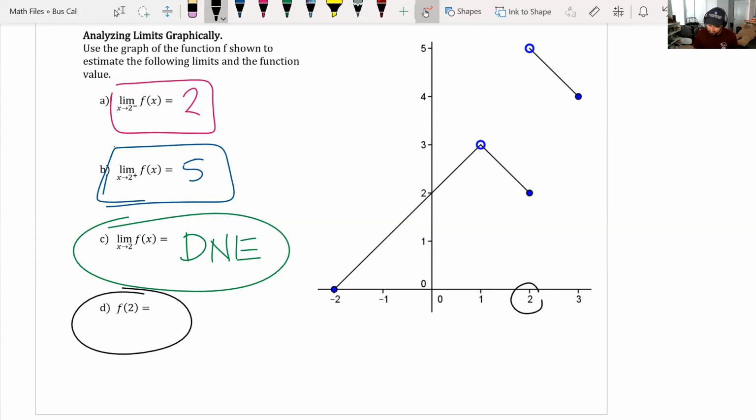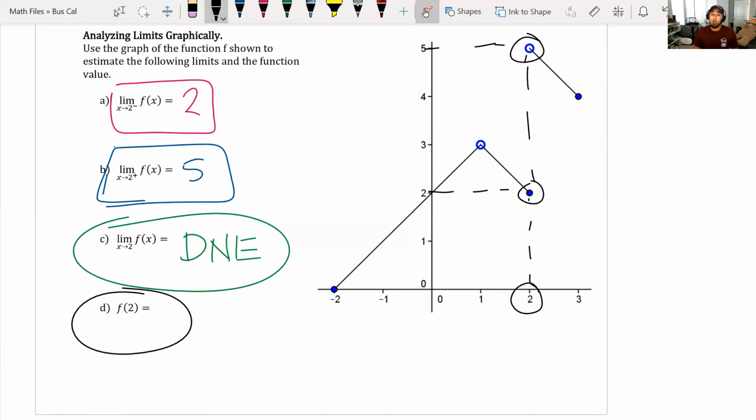Now, when x is 2, and if we go up on the graph, we have a y value here, and we have a y value there. You have a y value at 5, and you have a y value at 2.